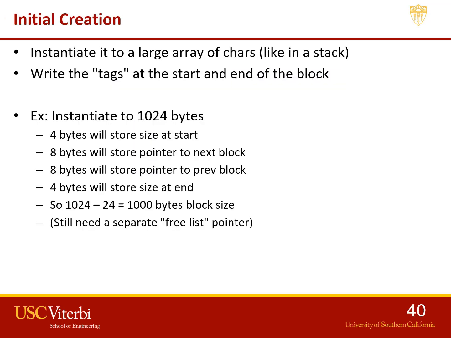So let's talk about creating our boundary tag allocator. What are we going to do? For example, we're just going to get a big old block of memory from somewhere. Maybe you initialize that with some memory you got from Windows, or maybe it's a static array or something. And then we're going to put the tags at the beginning and the ending of a block.